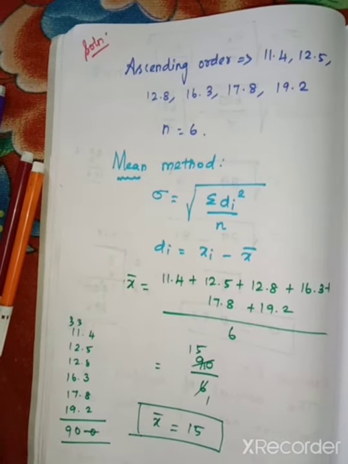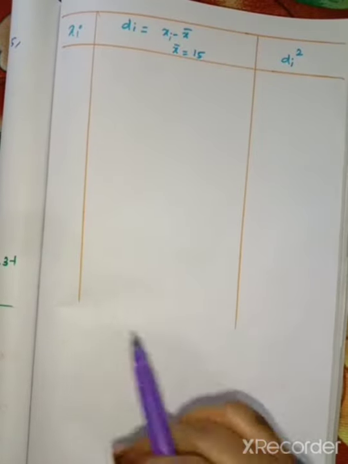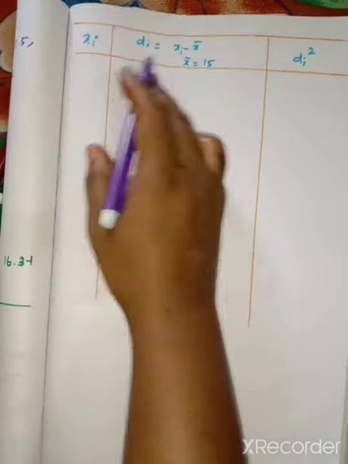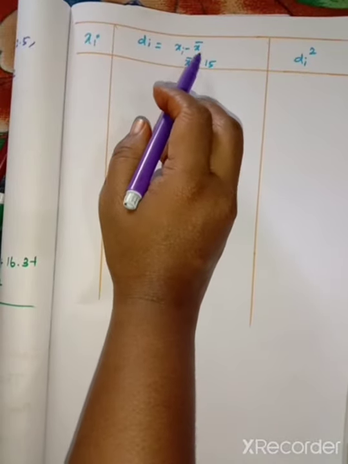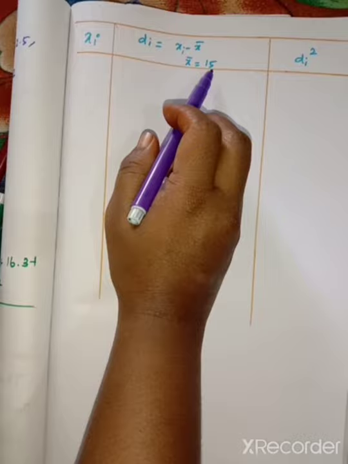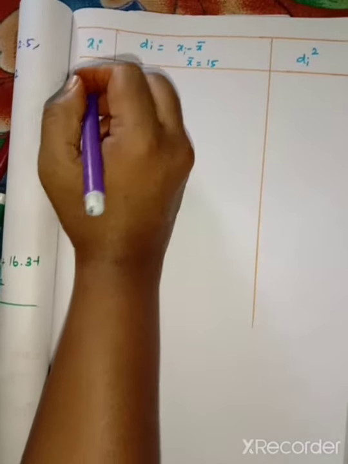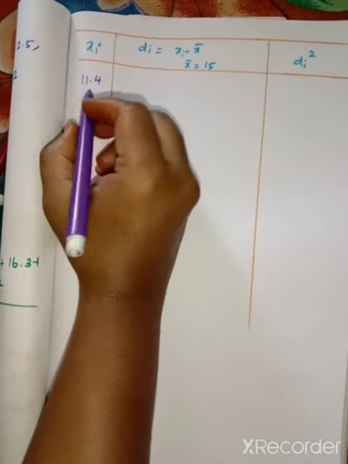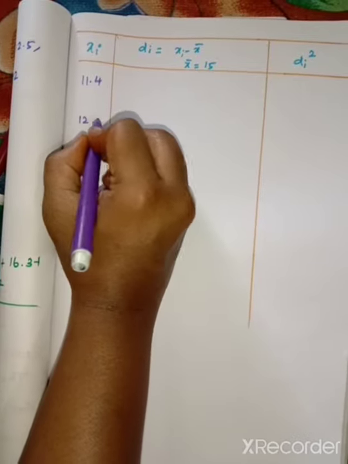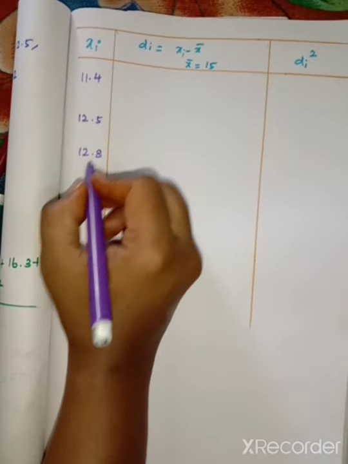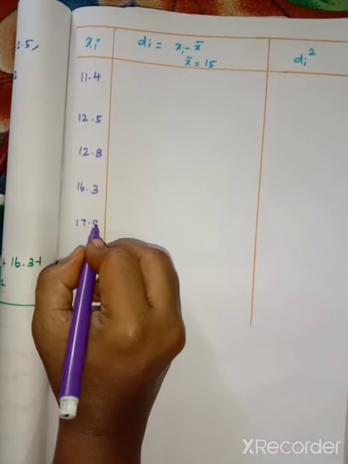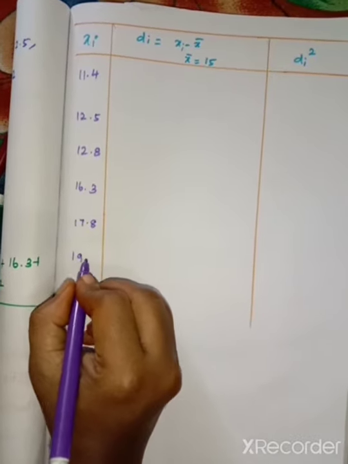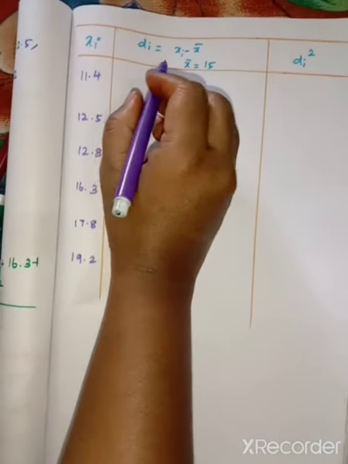So now we want to make the tabular column, with xi, di and di squared. We know the formula di equals xi minus x bar. Already we found x bar is 15. So the xi are 11.4, 12.5, 12.8, 16.3, 17.8, 19.2. Here we have to subtract.